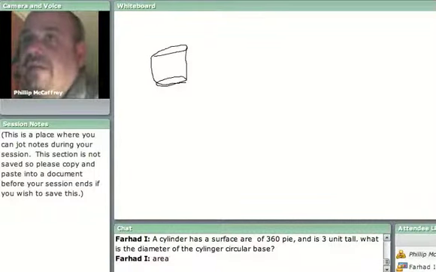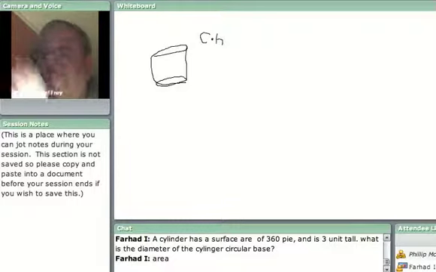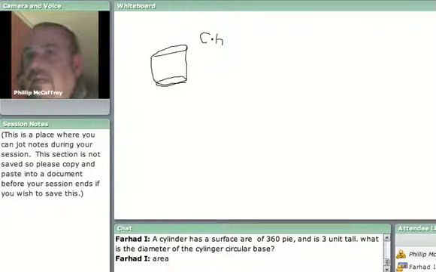The surface area I like because what it has is the circumference of the circle times the height of the cylinder, which is the label of the can. Okay? And the circles then have 2 times pi r squared. And that's surface area.